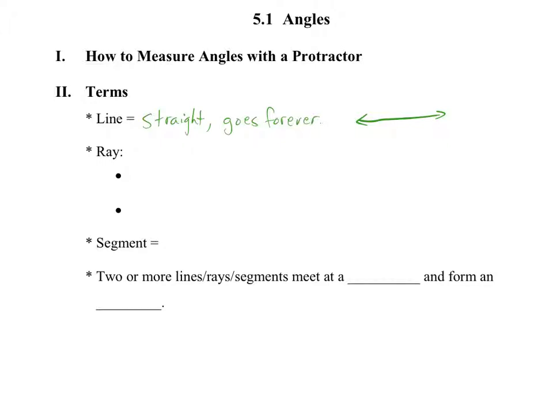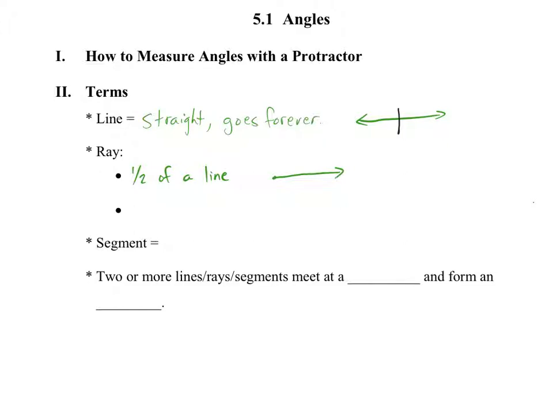A ray, you could kind of look at it as though it's half of a line. That's not really a fair thing, because how could you have half of something that goes on forever? It's like dividing infinity by 2. But it would kind of be like if you would take this line up here and hack it off right there. One side of that is going to be a ray. So a ray is going to have an end point, but then go forever in one direction.